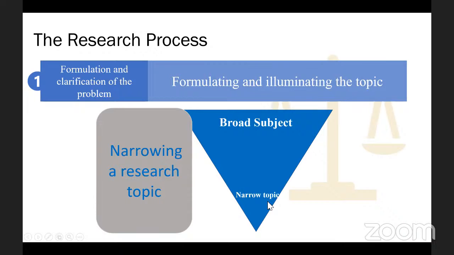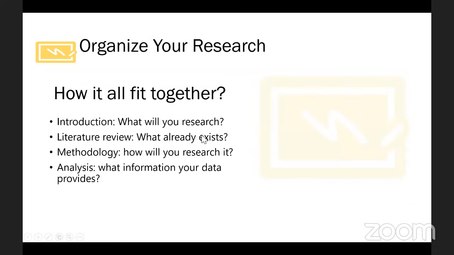As I have given the example of purification of water using nanotechnology, you will start from nanotechnology and move towards your narrow topic, which is your purpose, like purification of water. So the introduction includes the first step you have already done, formulating the topic. So what will you research is the same thing.